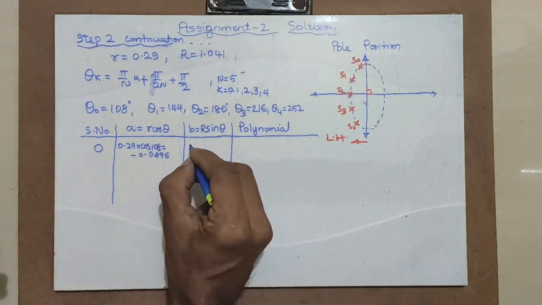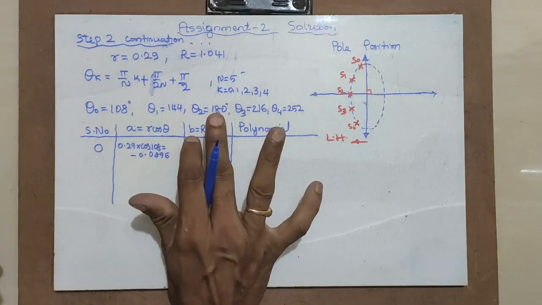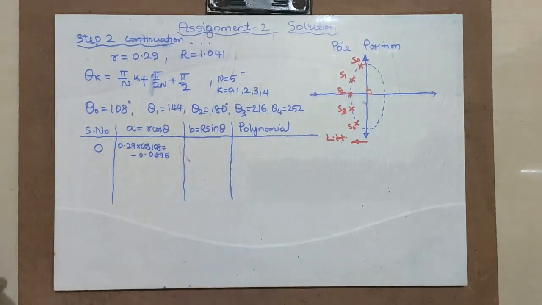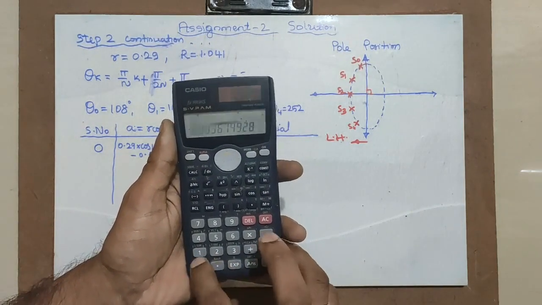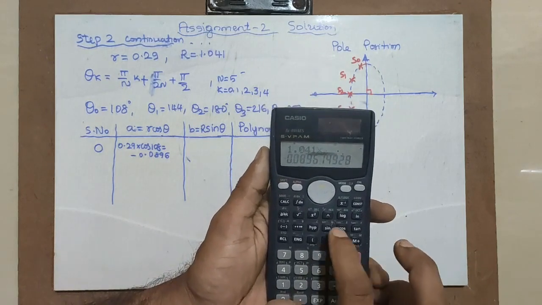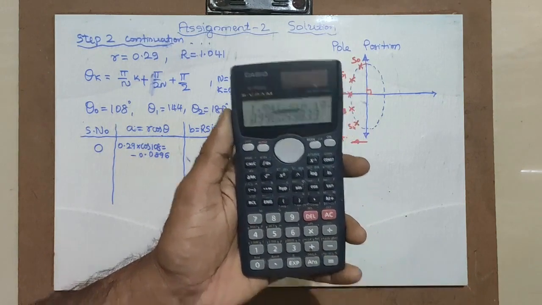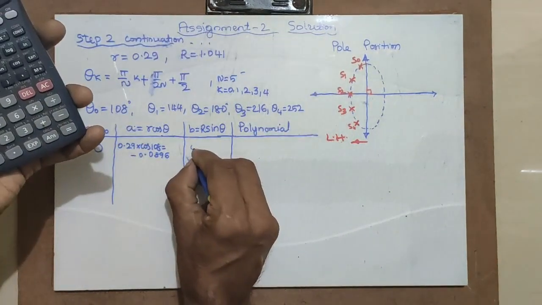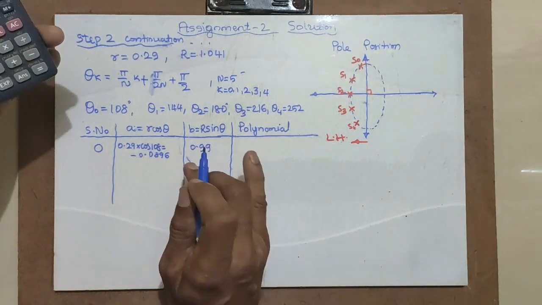Similarly, what is the value of B? R sin theta. That means 1.041 into sin 108 has come out to be 0.99.